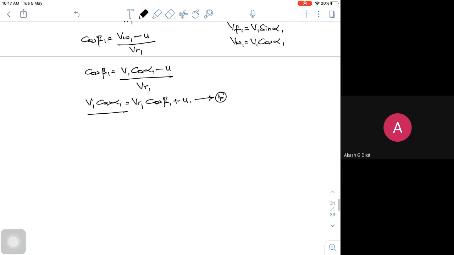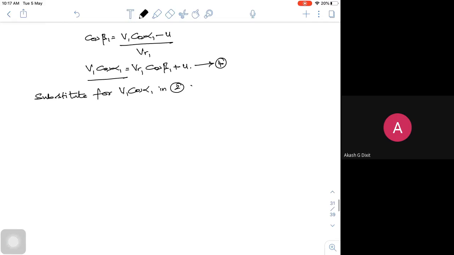Now substitute for this V1 cos alpha 1 in equation 2.